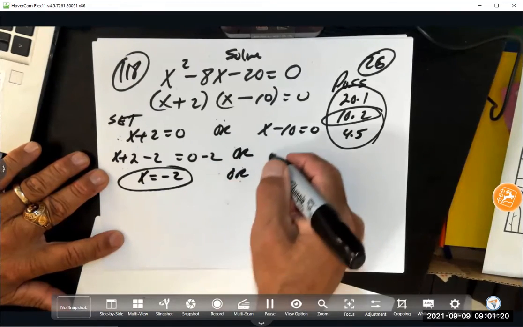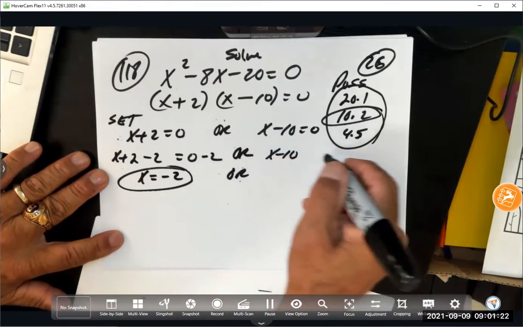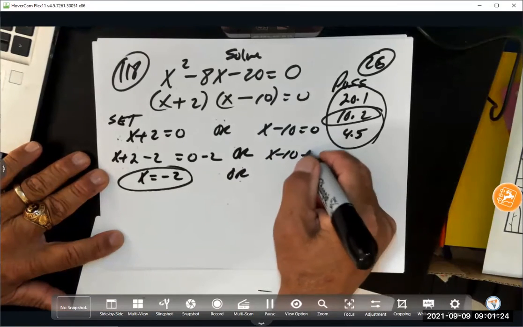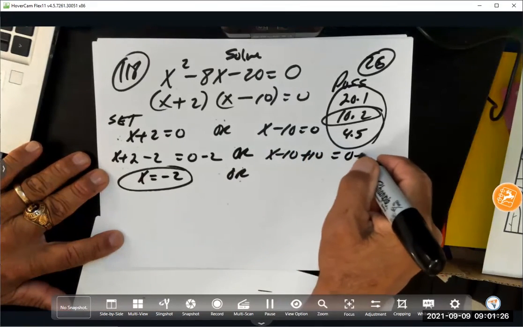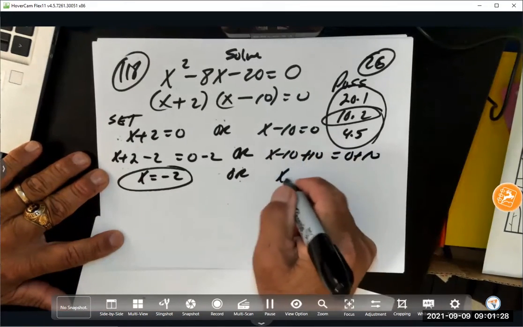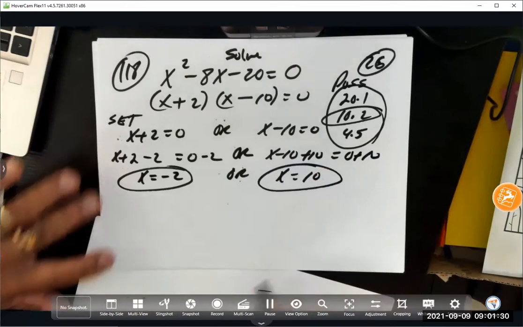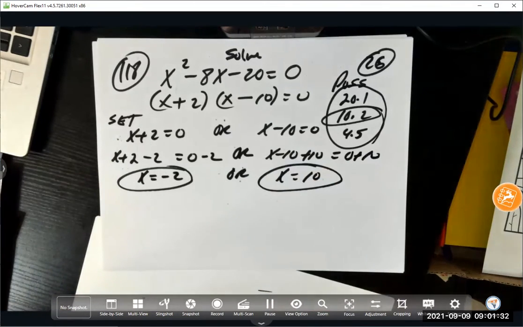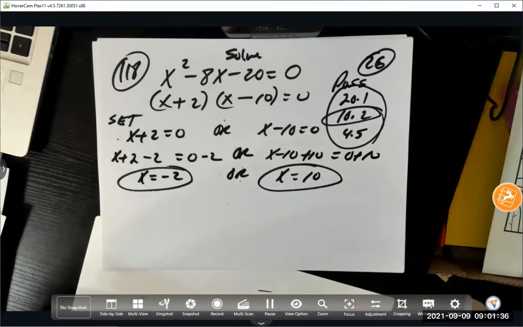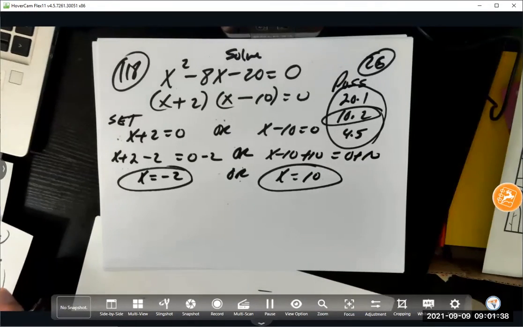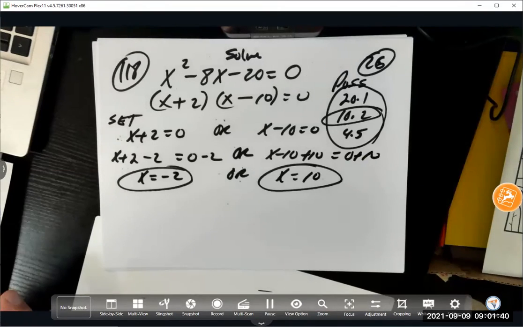Or over here, x minus 10, what do you do? Add 10 to both sides. Add 10, add 10. So x is what? 10. Does that make sense? Yes. So 118, is that one okay? Yes or no? Yes. Let's go to the next one.